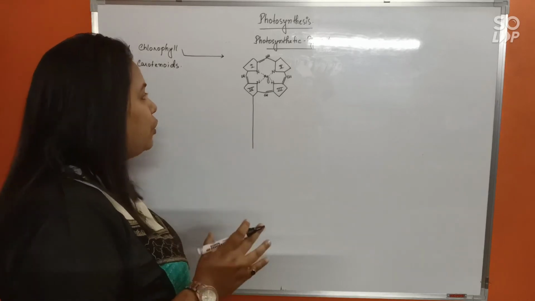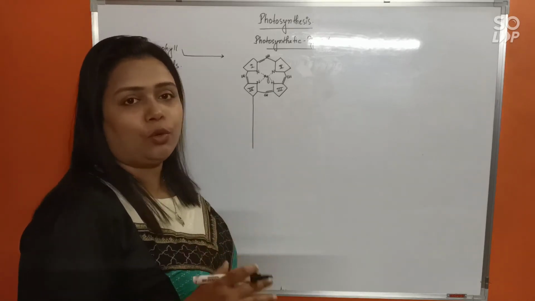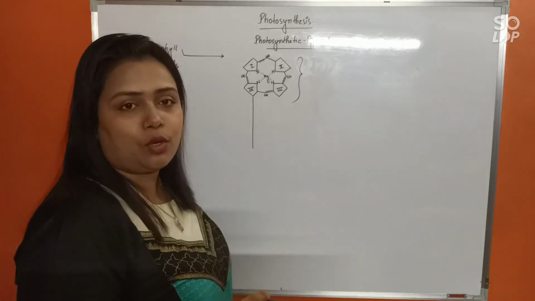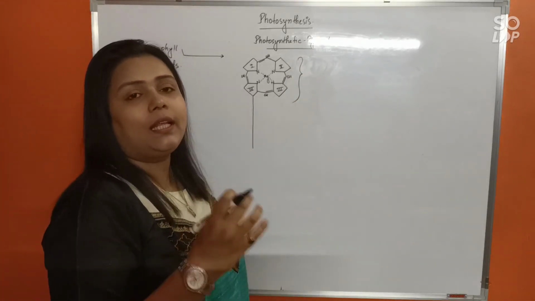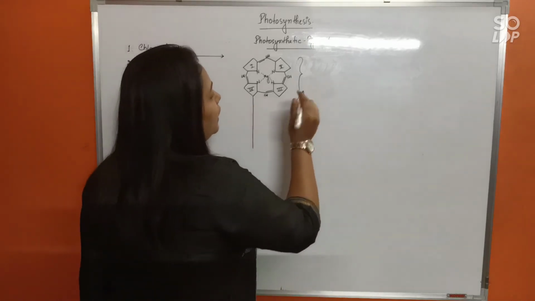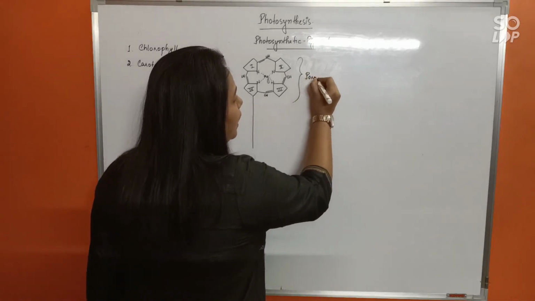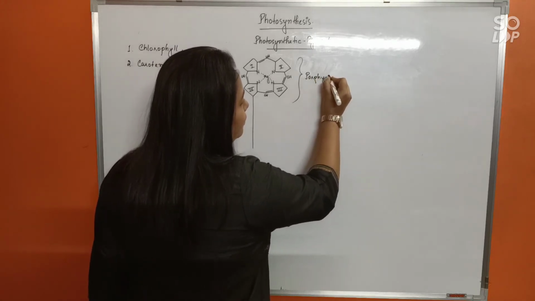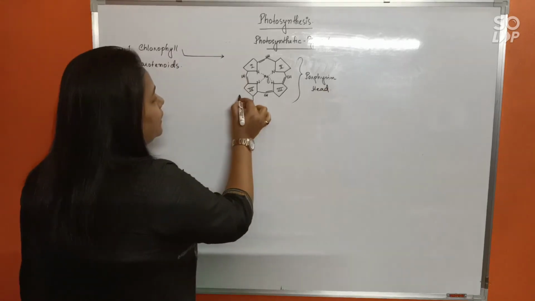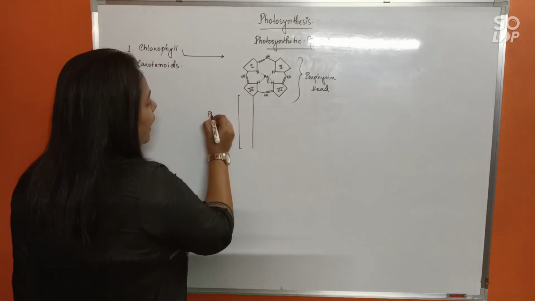This is in general the structure of chlorophyll pigment. Chlorophyll is a tadpole-like structure, that means a structure that has a head followed by a tail. Now, the head is known as the porphyrin head, whereas the tail is known as the phytol tail.